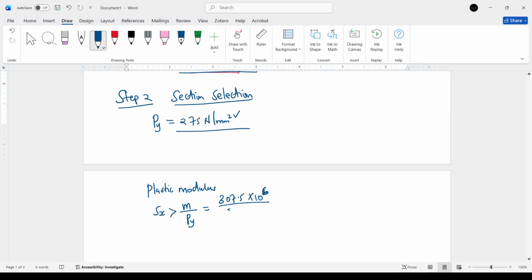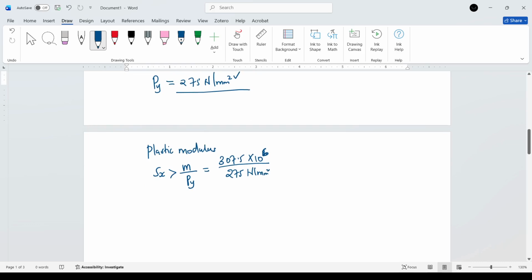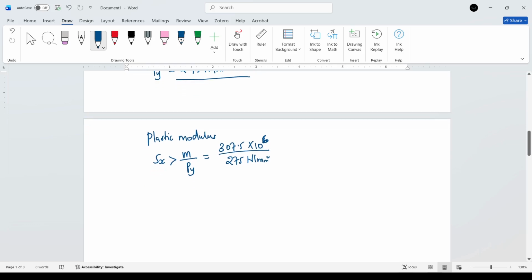PY is 275 newton per millimeter squared. Okay, so what will we have?